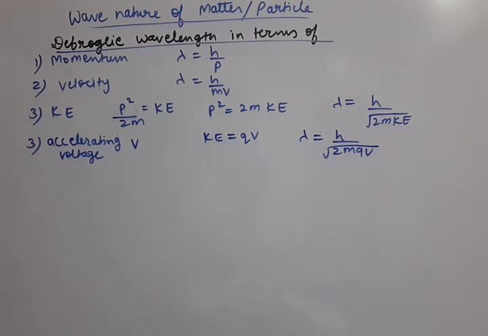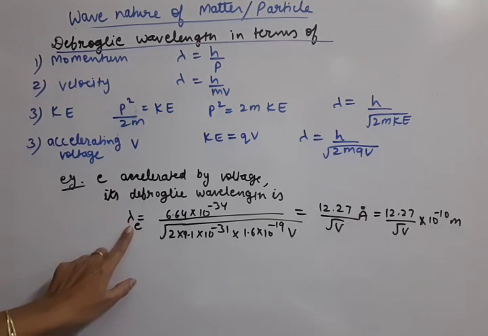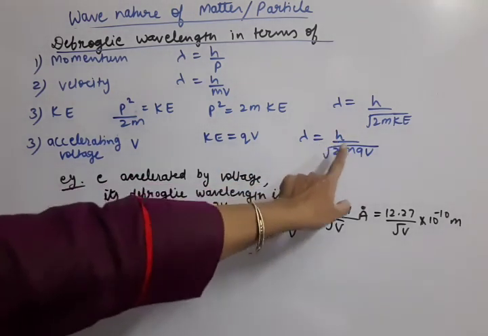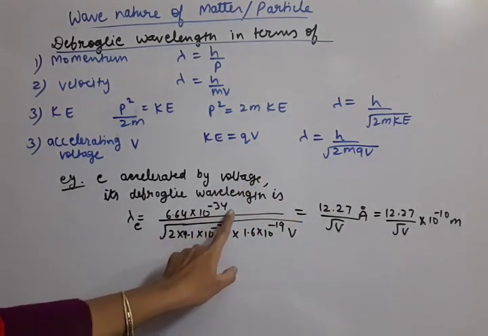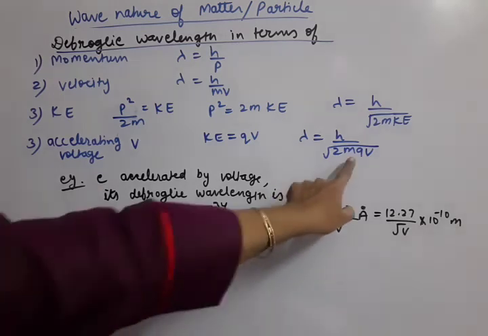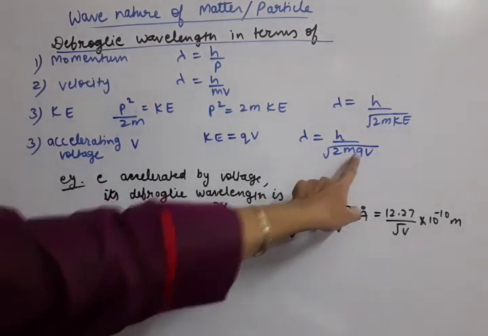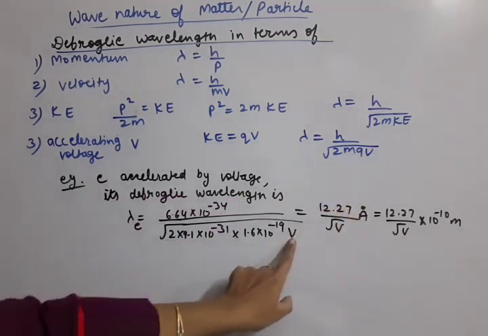Now, suppose we want to make a standard formula for an electron accelerated by some voltage. Let us try it for the electron. Lambda of electron in terms of voltage: h is Planck's constant, 6.64 into 10 raised to power minus 34, mass of electron is 9.1 into 10 raised to power minus 31, q means charge, 1.6 into 10 raised to power minus 19, and V means voltage.